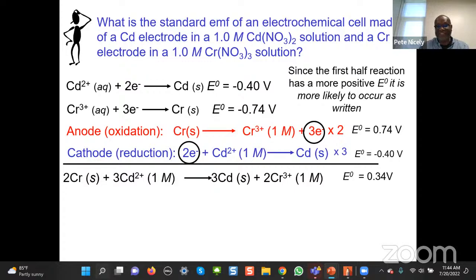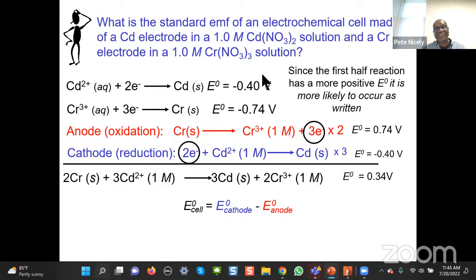Another way of setting this up or writing this down is using the definition of the EMF of the cell that we saw before. The EMF of the cell will be equal to the standard EMF of the cathode minus the standard EMF of the anode. Now, in this case, you have to be careful because you have to figure out which is the cathode and which is the anode. The way you do that is you look at each of these values.